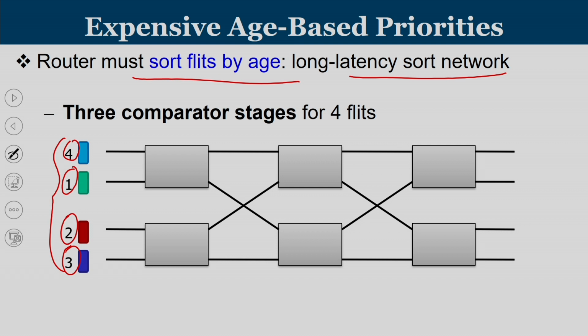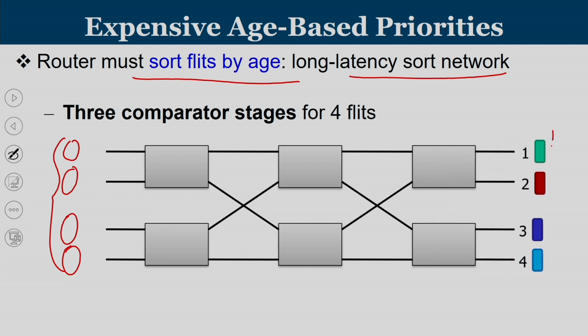So it's a 3-stage sort network. The first two are being combined together. The larger one is going to come down, whereas in the case of the second one, the larger one is going up. And then this second level of comparison is also going to do a similar process. And then we have the third level wherein the larger numbers will come to one end and the smaller numbers are going to be at the other end.